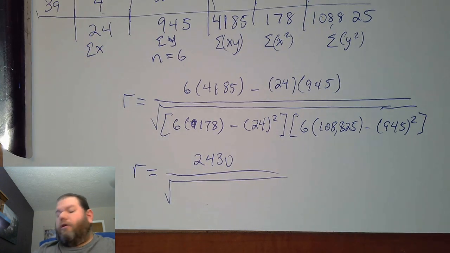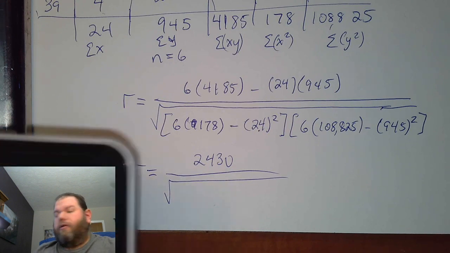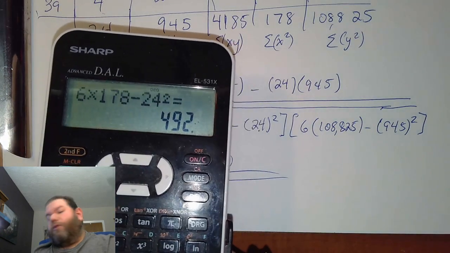Okay. First part of the denominator, we take 6 times 178 minus 24 squared. I get a value of 492.